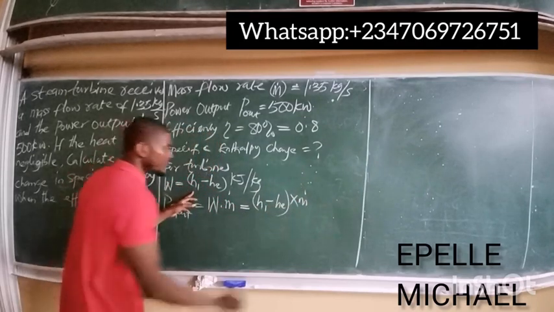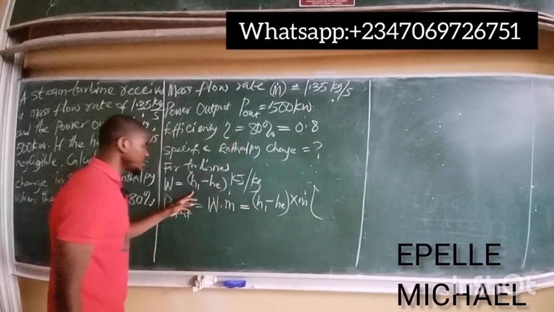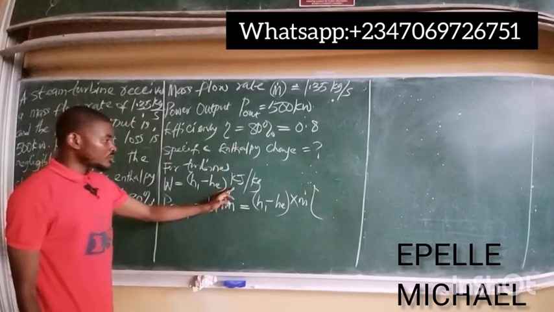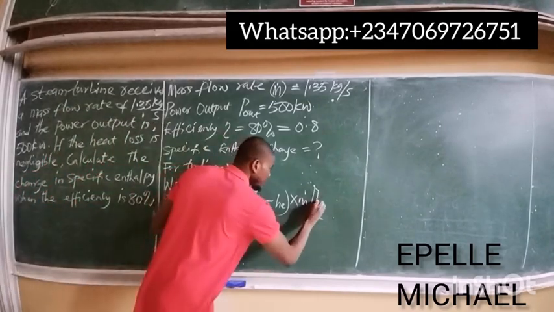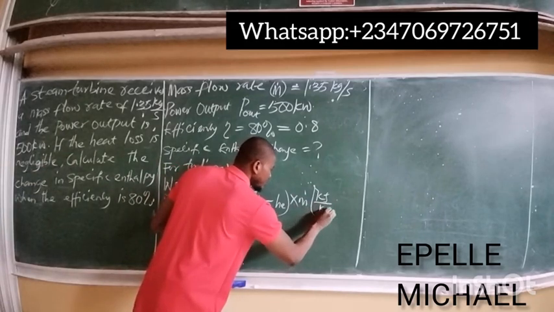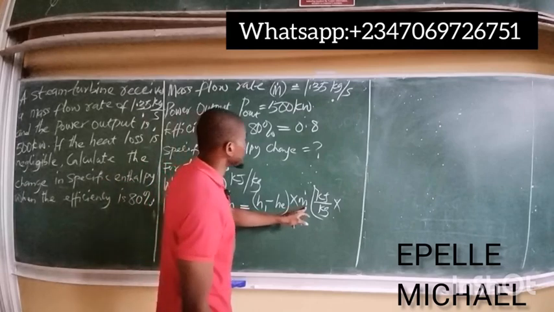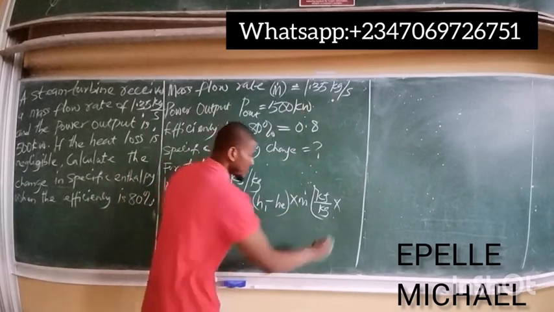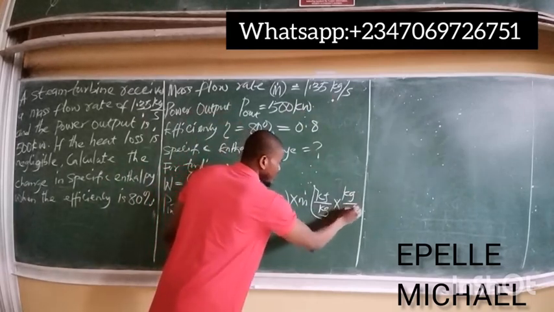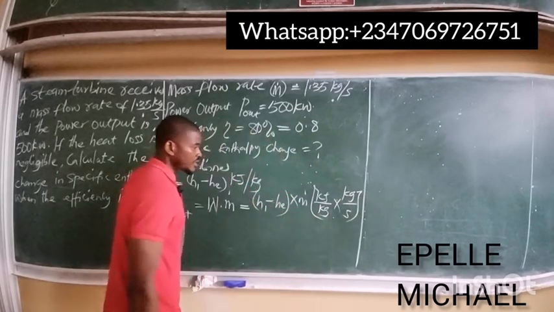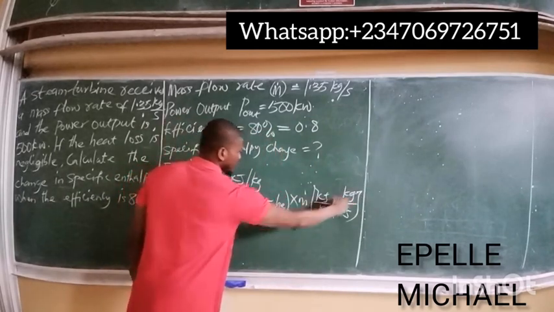Let's confirm this from their units. The unit of enthalpy is kilojoules per kilogram, multiplying by the unit of mass flow rate, kilograms per second. So kilograms can cancel kilograms.